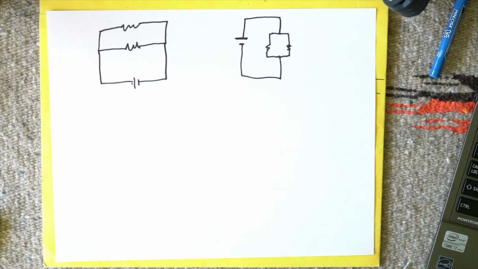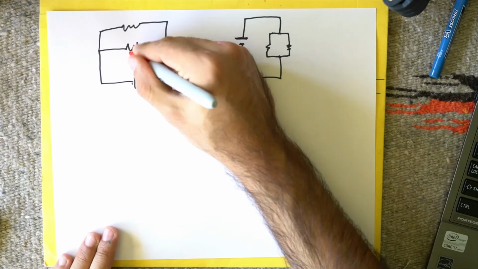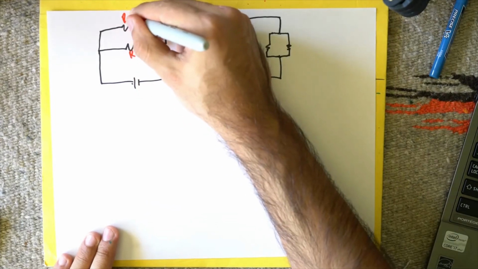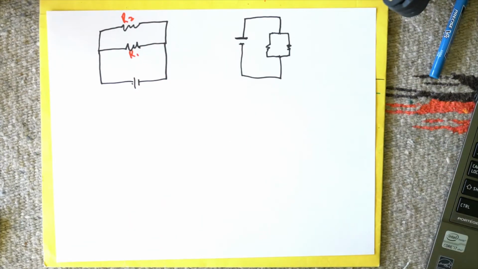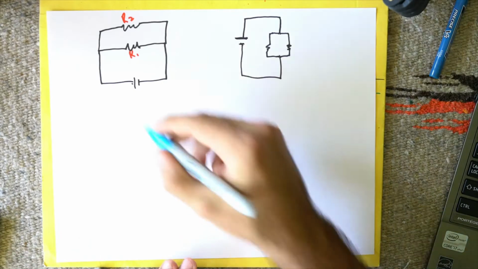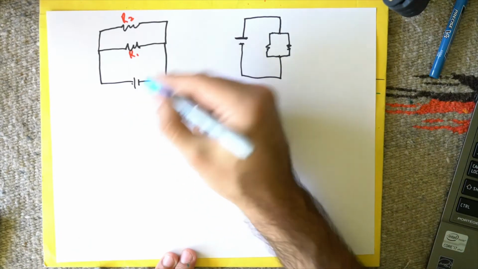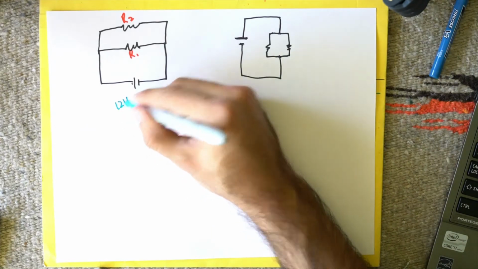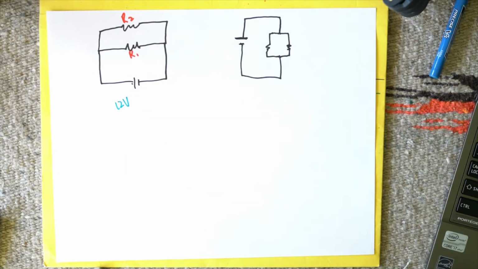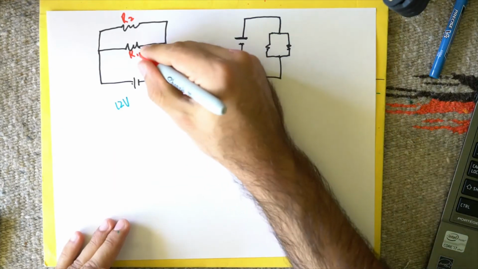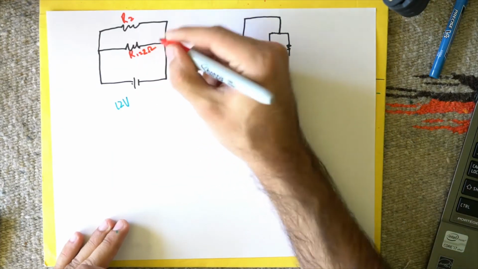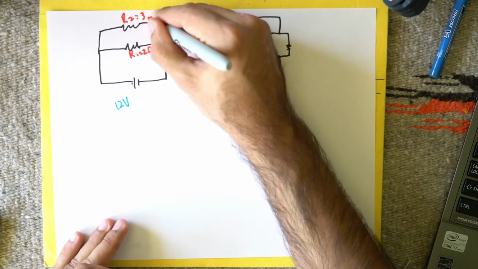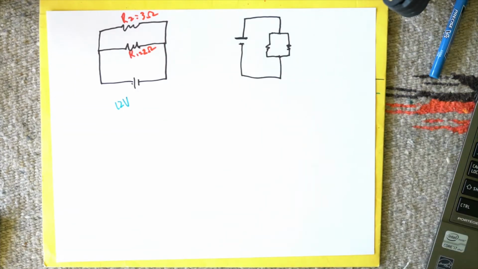This is the part that's interesting. Let's call this R1 and R2. I will have my value for the voltage right here be 12 volts. Let's make R1 2 ohms, and let's make R2 3 ohms. Remember, you have multiple options at the top of the slide to go down the slide.